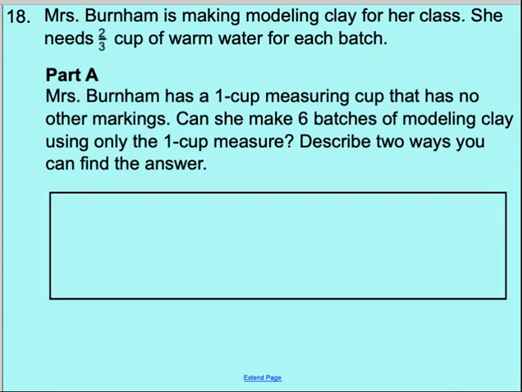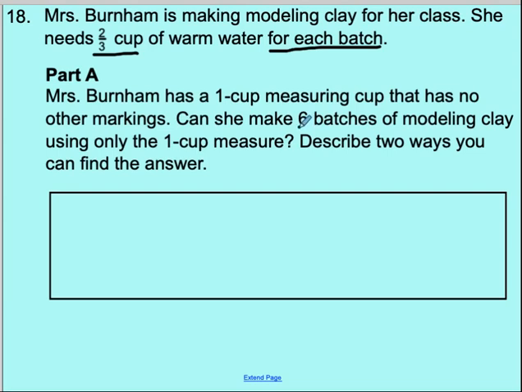Ooh, we have another part A, part B. All right. So now we've got Mrs. Burnham. Mrs. Burnham is making modeling clay for her class. Oh, that sounds fun. She needs 2/3 cup of warm water for each batch. Okay, so 2/3 cup for each batch. Part A. Mrs. Burnham has a 1 cup measuring cup that has no other markings.